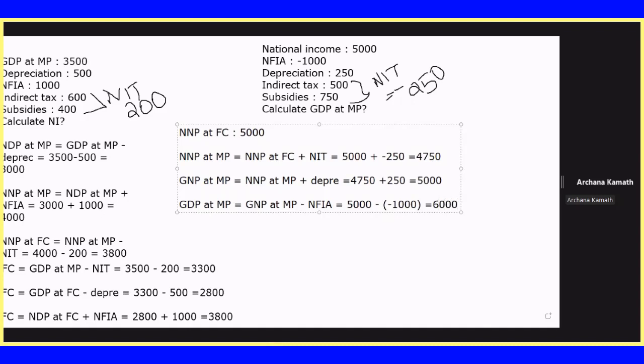So double negation of maths, minus minus 1,000. Am I clear with this one?